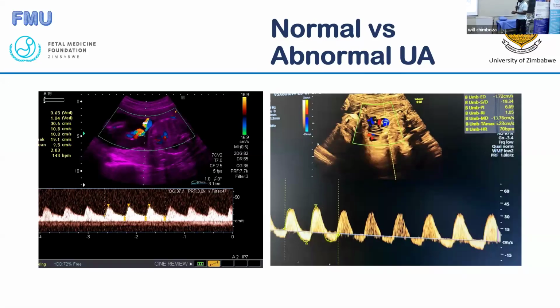Then when it continues to deteriorate, you end up having absence of flow during diastole. Then when it becomes even more deteriorated, you end up having reversal of flow during diastole. So that's an example of reversed flow in the diastole.